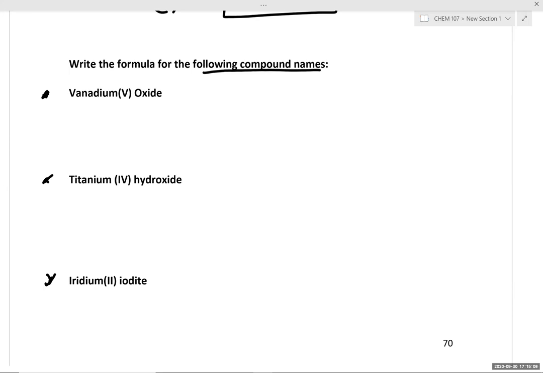Let's now try to apply what we've learned to a new set of examples. And if there are any questions as you work through these examples, don't be shy to ask them in the chat or verbally.